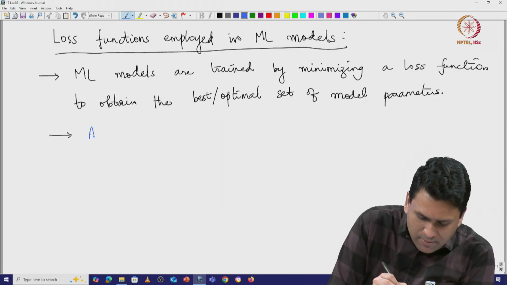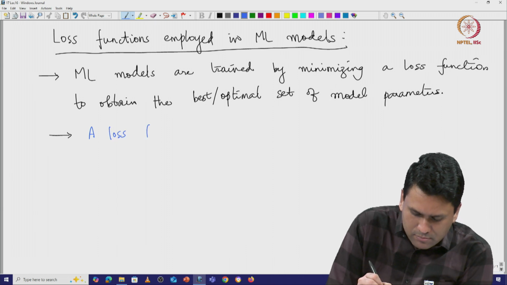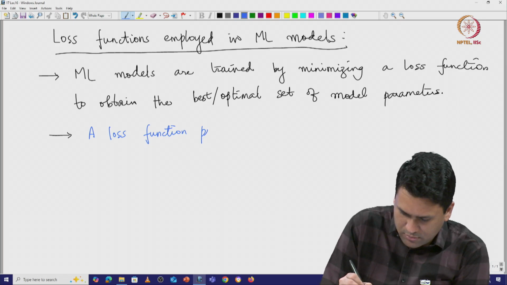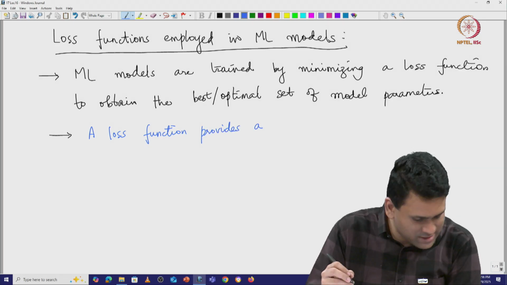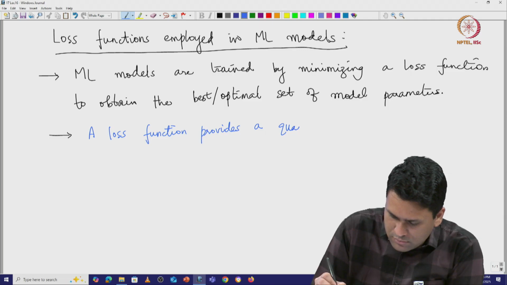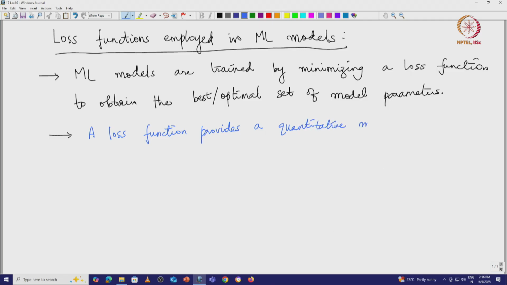A loss function provides a quantitative measure of the performance of an ML model.